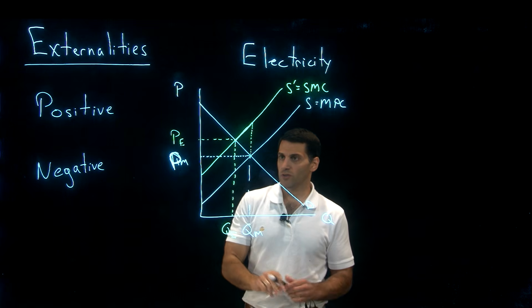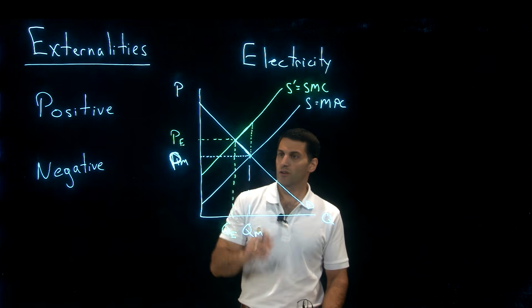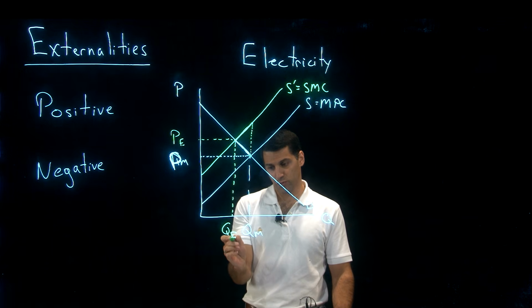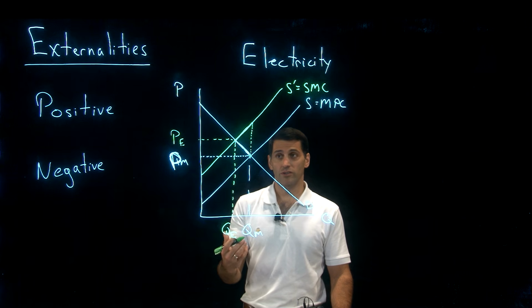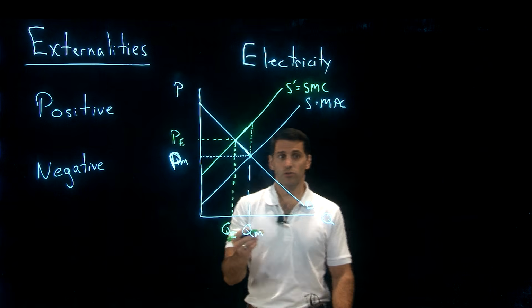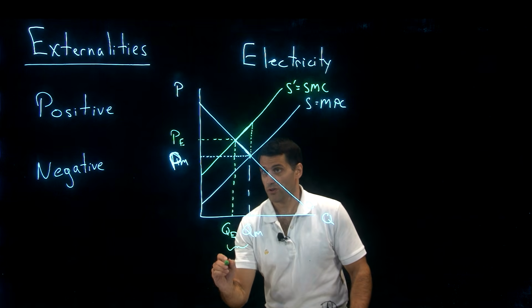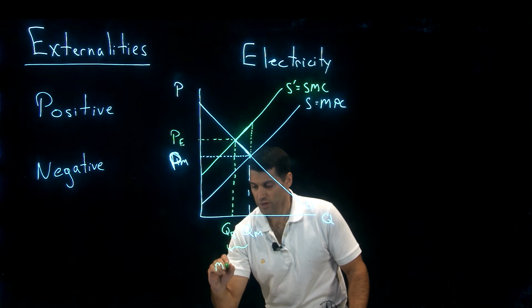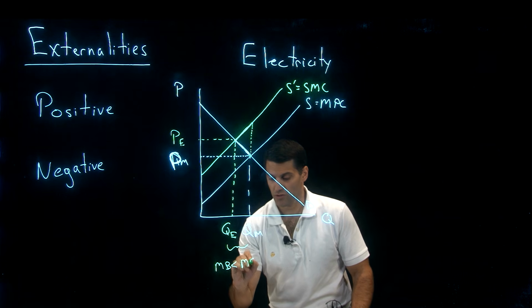So what are we seeing? We're seeing here a case where the marginal benefit of the electricity, the kilowatt hours between QE and QM, are lower than the marginal cost. So between QE and QM, in this range over here, the marginal benefit is less than the marginal social cost.